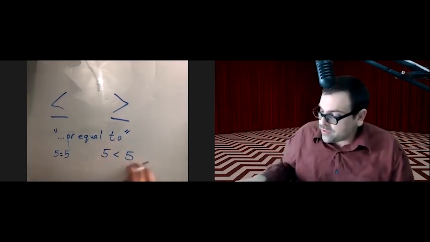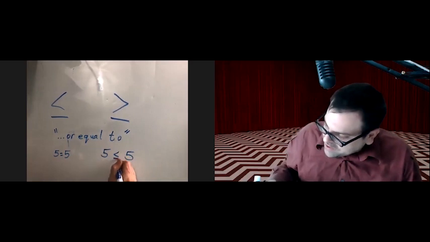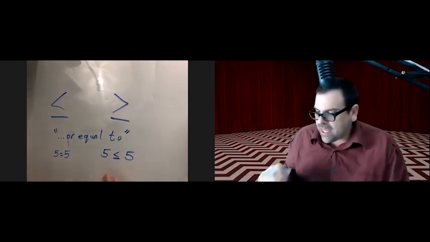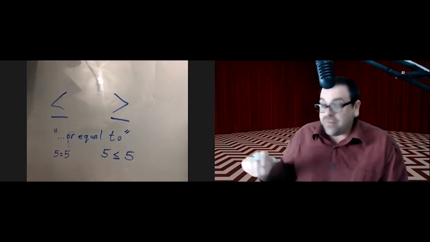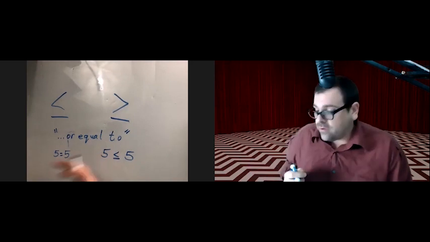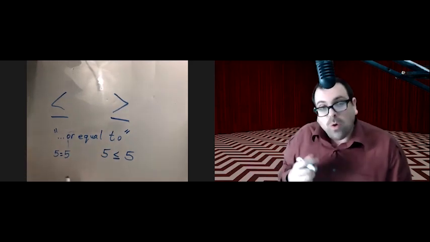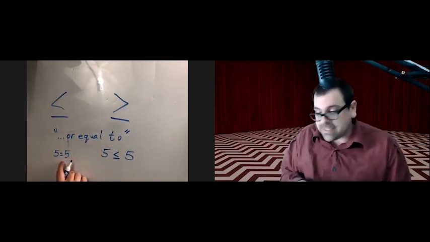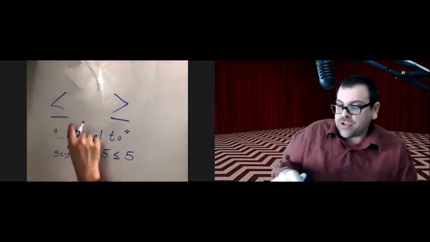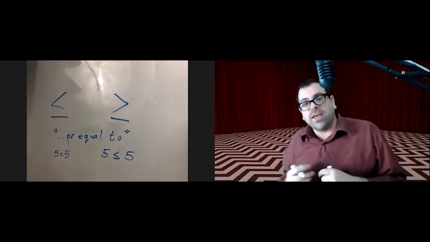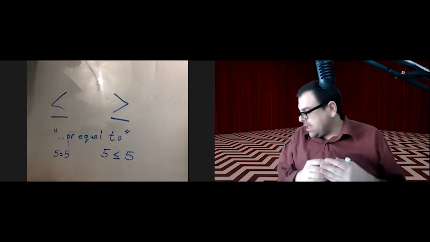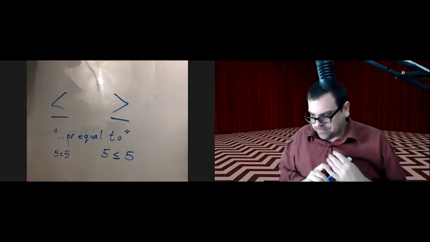So to make this a true statement, instead of using less than, we would use less than or equal to, because that's true if it is less than, if it is to the left of on the number line, or it would be true if it's the same value. So the line underneath changes it from just less than or greater than into less than or equal to or greater than or equal to.